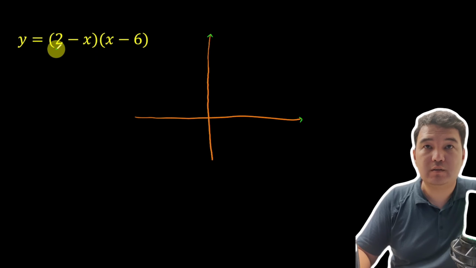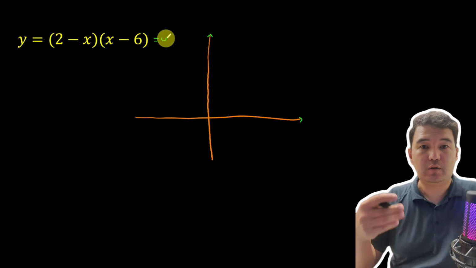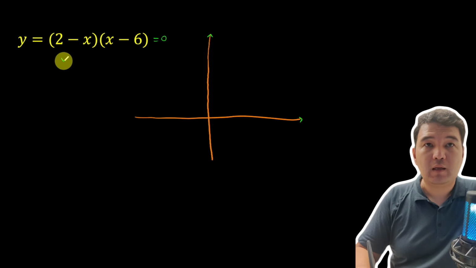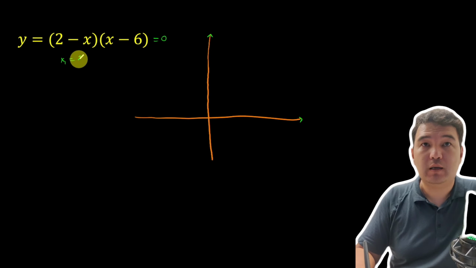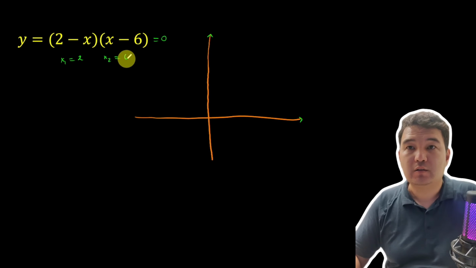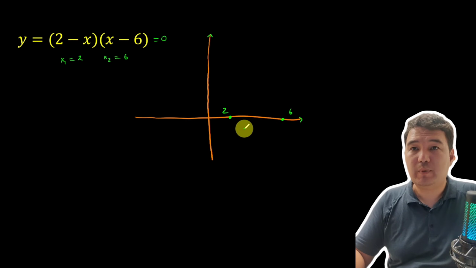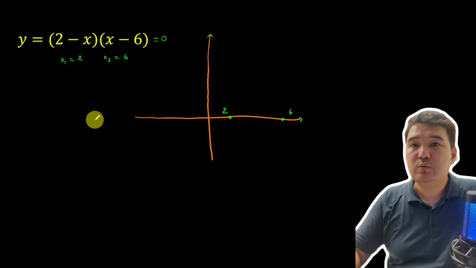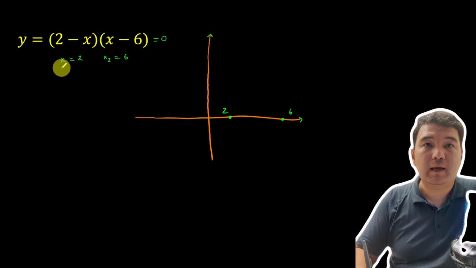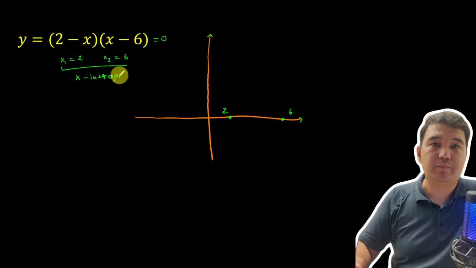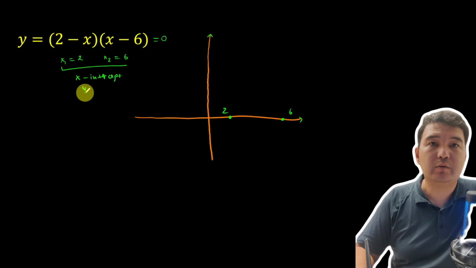If you set this equal to 0 and solve it as a quadratic equation, you'll get x1 is 2, x2 is 6. So we have the points (2, 0) and (6, 0). The parabola is going to be passing through these points. These 2 points are called x-intercepts. It's a point where y is equal to 0.